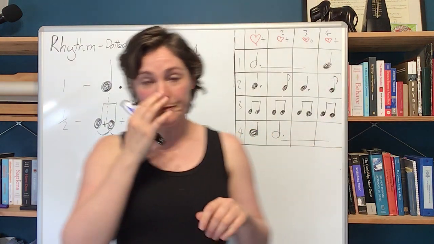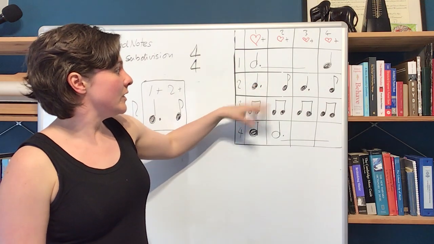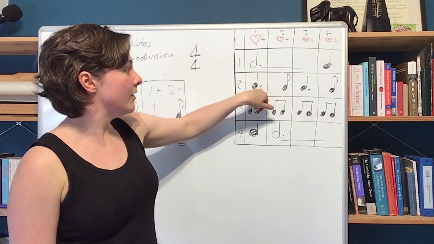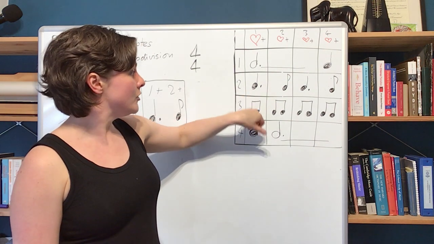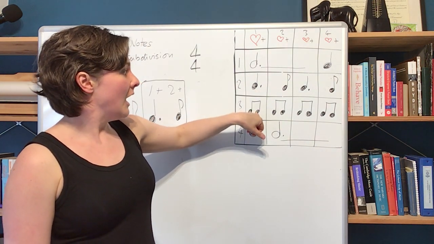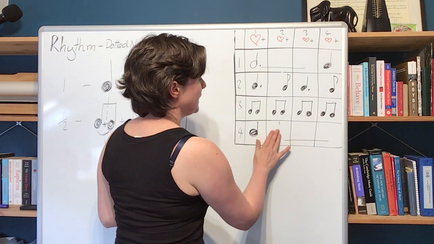What will happen is at some point, hopefully, as we're doing these things, you will end up playing this rhythm while I'm doing these ones, or I'm doing these ones while you're doing these ones.